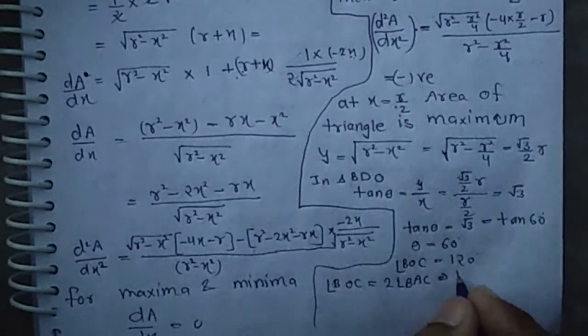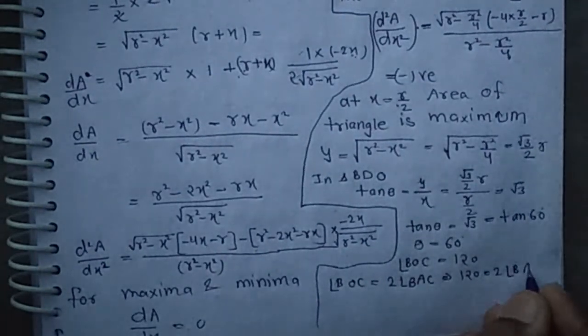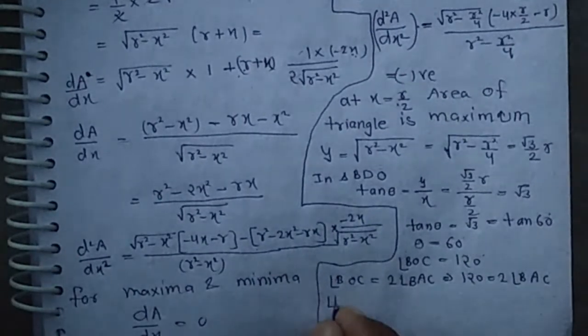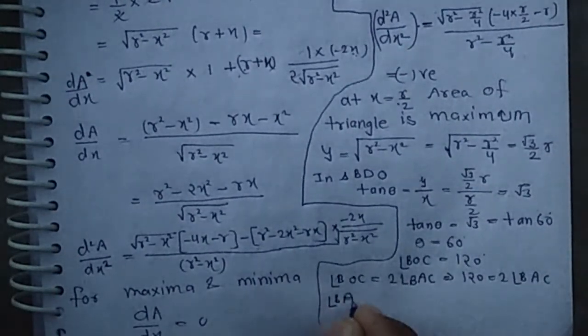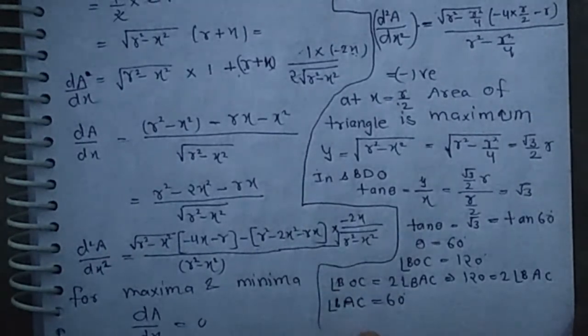We put BOC equal to 120, twice angle BAC. Then angle BAC is 60 degrees.